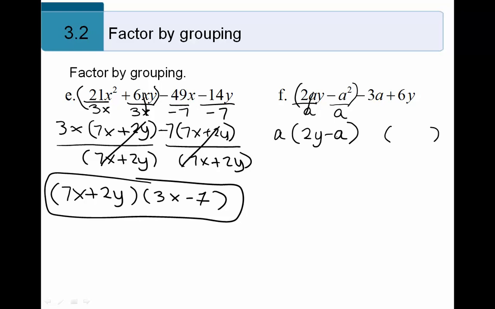You see what I'm saying? So we really just need to take a positive 3 out of here. Divide by positive 3, divide by positive 3. That will give you a negative a and a positive 2y, which is the same as saying 2y minus a, right?